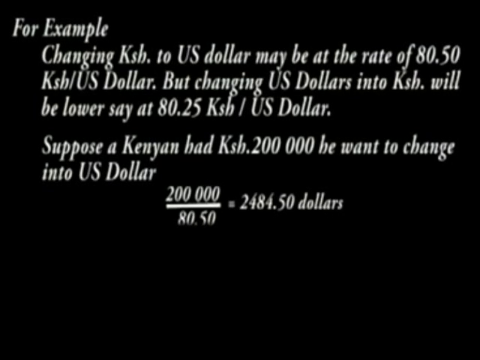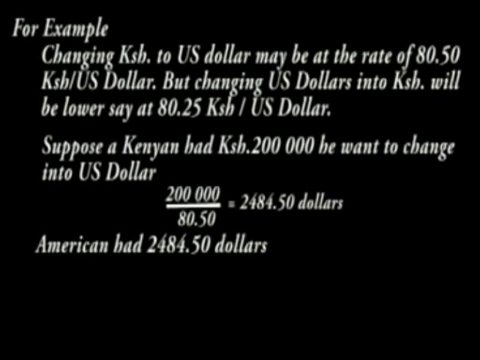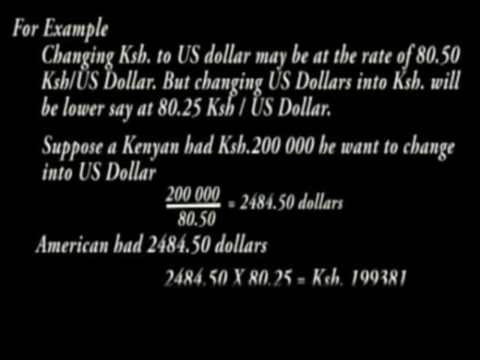Now assume that an American had the $2,484.5 and he wants to change into Kenya shillings at the same point. For him, he will get 2,484.50 times 80.25 this time, which will give him 199,381 Kenya shillings.